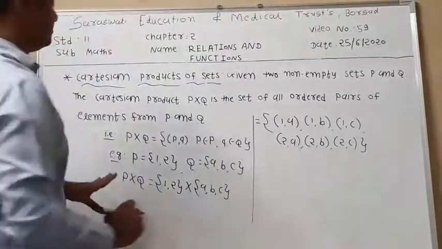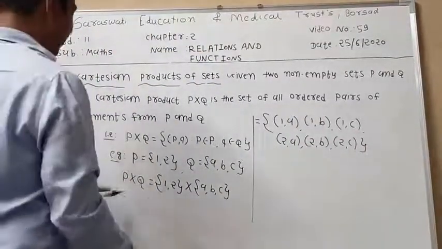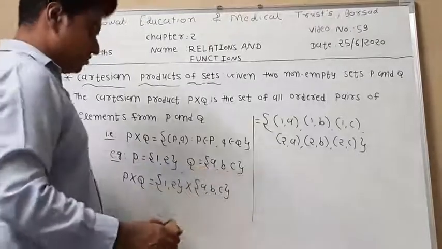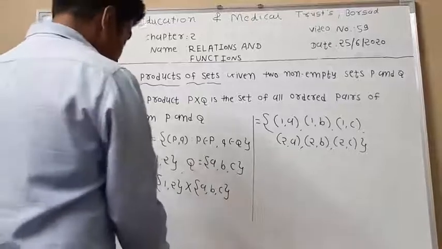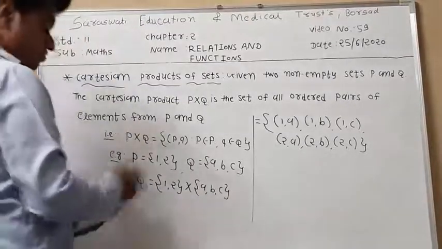So our final answer for P Cartesian product Q is equal to these elements. Okay, now let's discuss some examples.